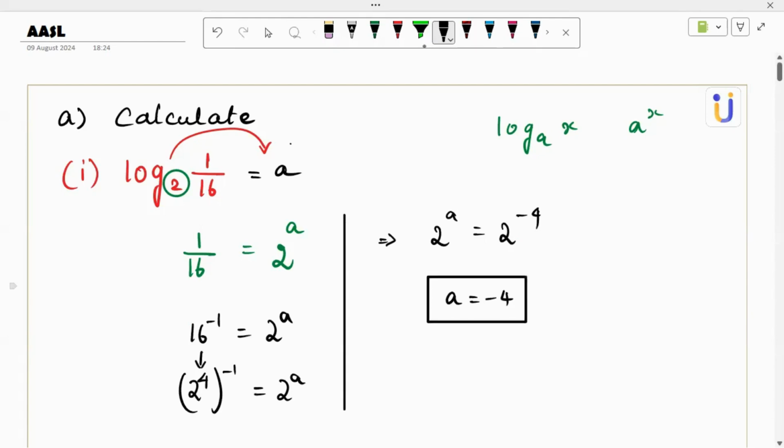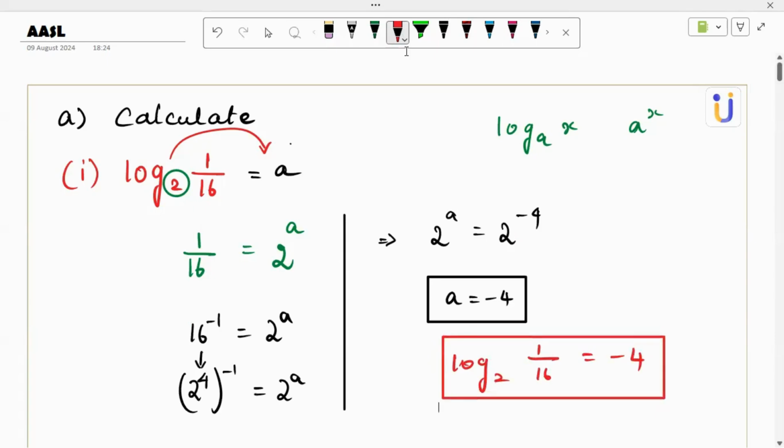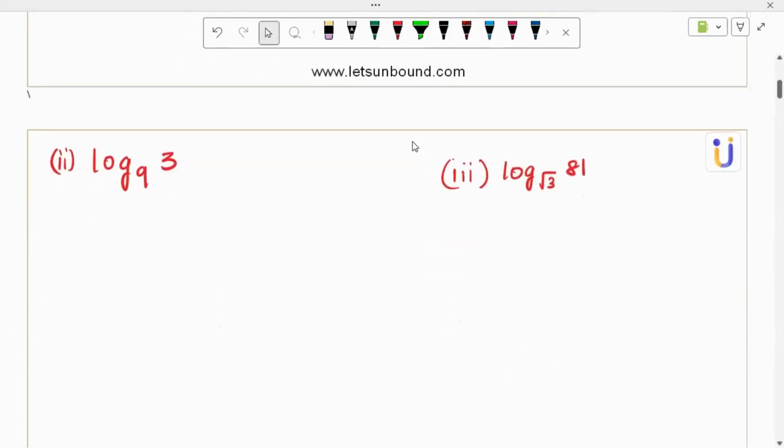Actually, what is my A? A is nothing but log base 2 of 1 over 16, which equals negative 4. Very simple one. Same method we are going to do for the rest of the problem here. Right, let's see the next.